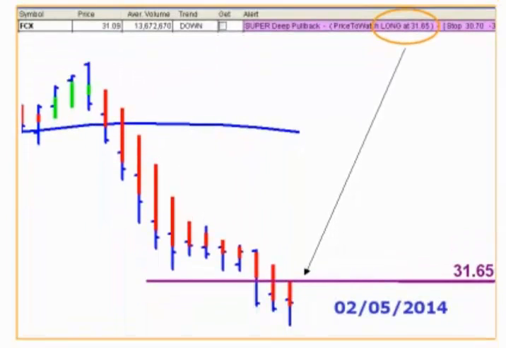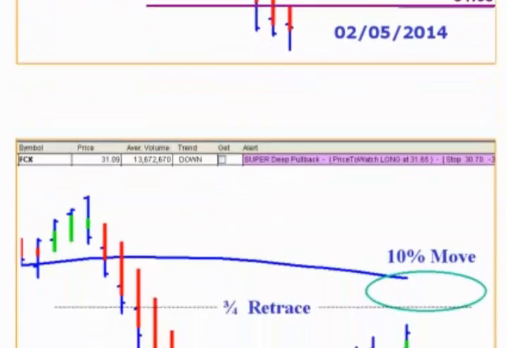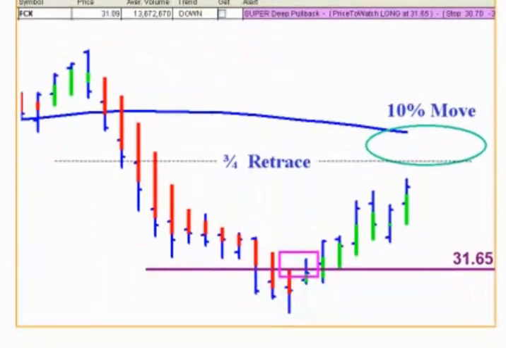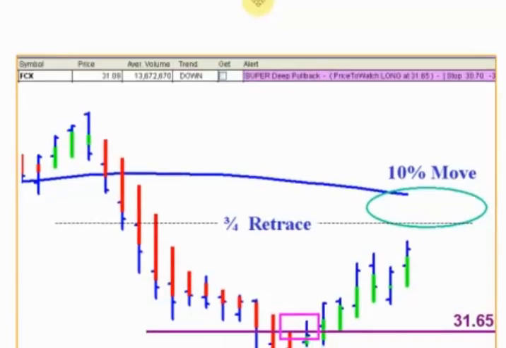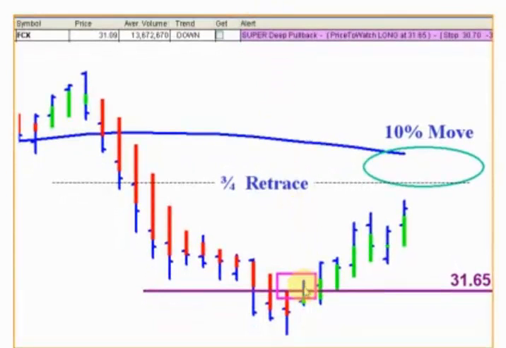The software gave a super deep pullback price to watch down here at 31.65. Yeah, so that's like February of last year, 2014. And so what we're looking for is an entry, and a retrace back towards the 75.